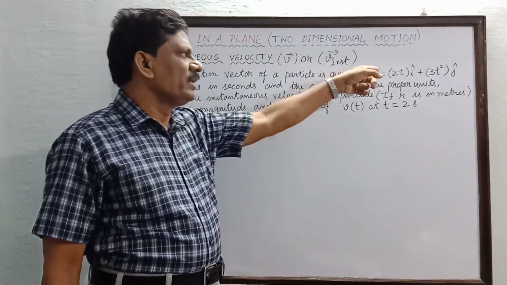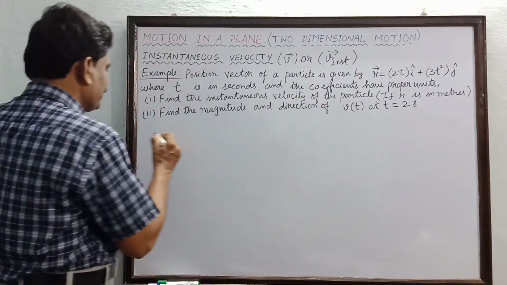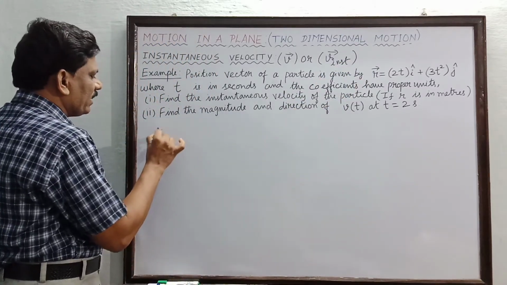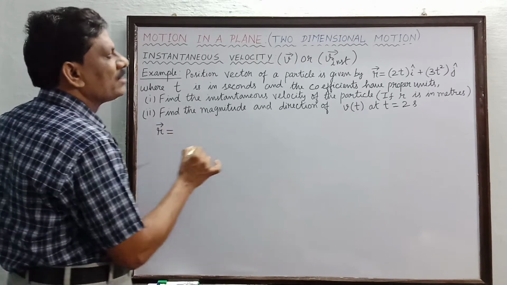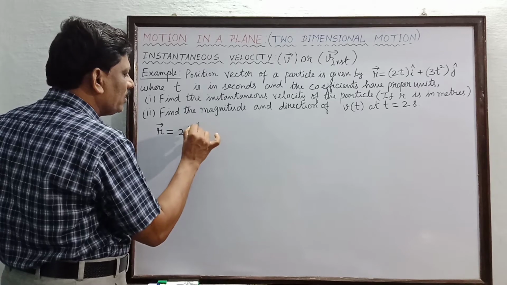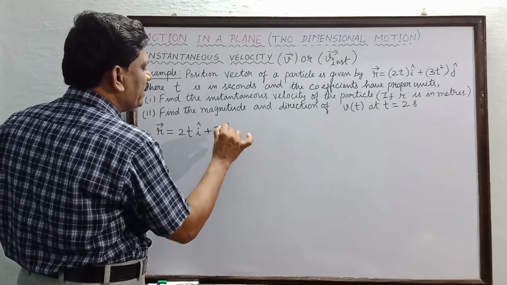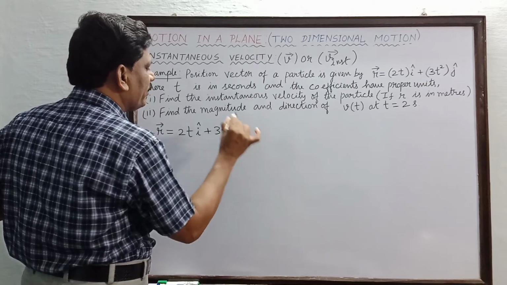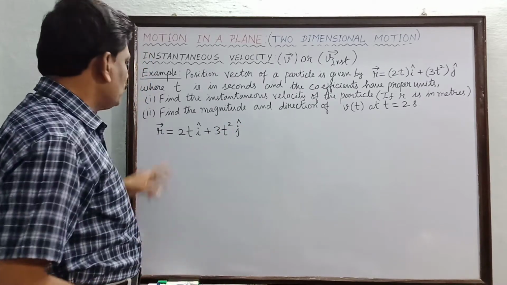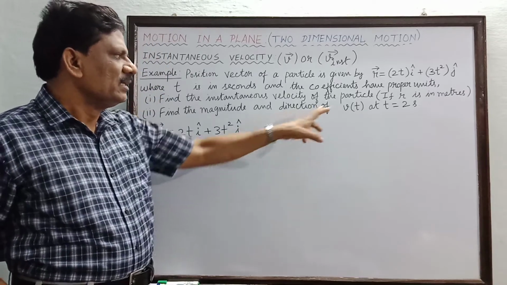Now first of all, what is the expression for the position vector? I will rewrite it here. The position vector r is equal to 2t i cap plus 3t square j cap. So the position vector with respect to time is given.